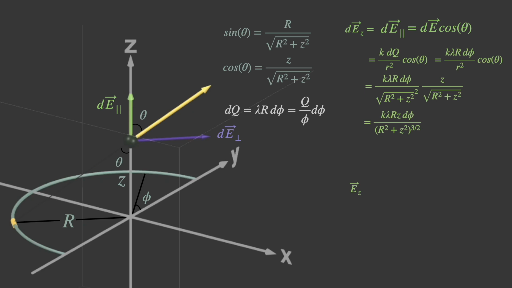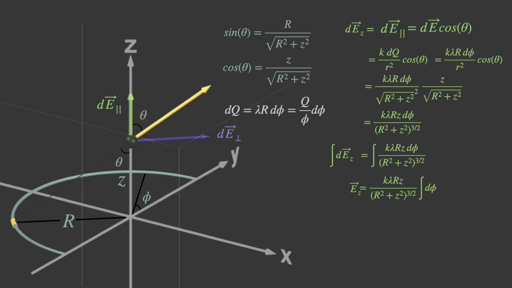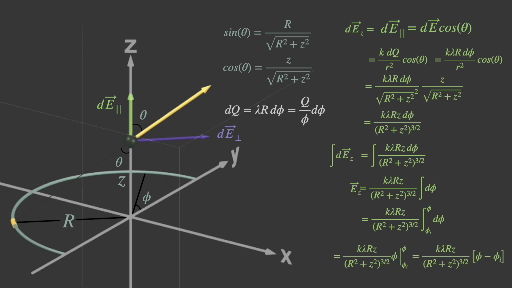When we substitute that in, we get k times lambda times R times z all over R squared plus z squared to the 3/2 d phi. Since there is no sine phi or cosine phi here, everything else is a constant that can be pulled out. And the integral ranges from phi initial to phi final once again, which we can also call 0 to phi.